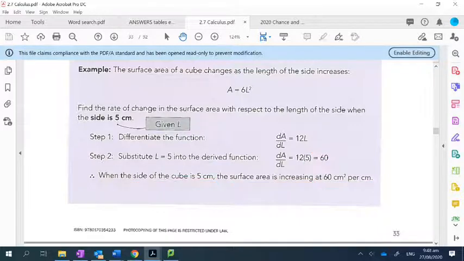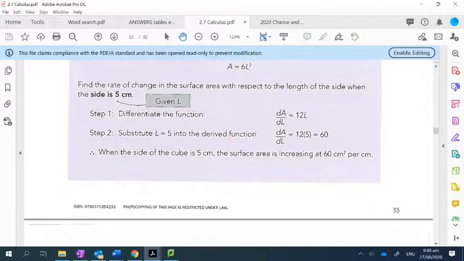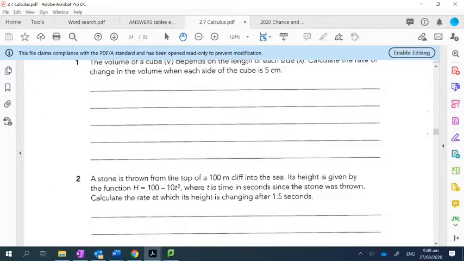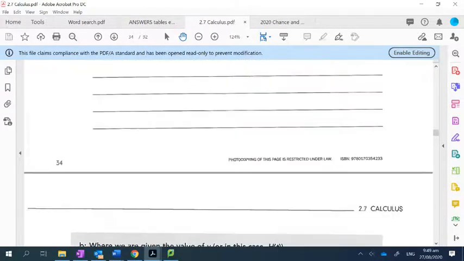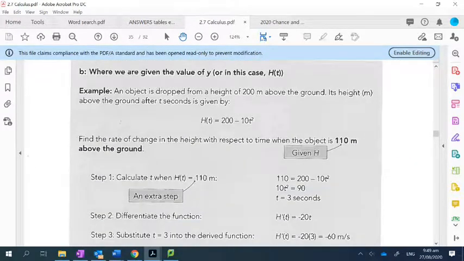Now that was one where we knew the L, which is like knowing your x. Right? Well, you're also going to have some where you're given the y value. But remember, these are going to be given in context using other letters. So in other words, where it would say f of x, it's going to give you different letters.